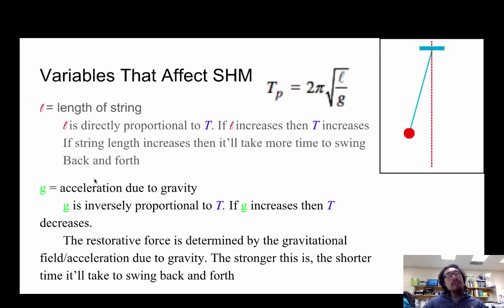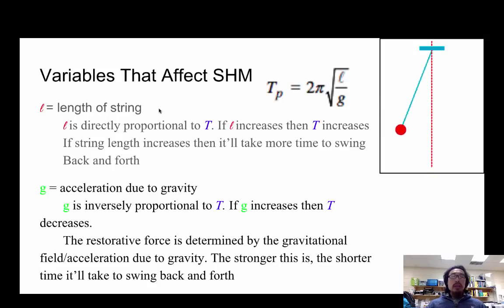Okay, so here are the variables that affect simple harmonic motion, and we'll be using these variables and these equations in class. There are two different forms. We're going to go over the pendulum one first. The period for a pendulum is equal to 2 pi times the square root of L divided by g.